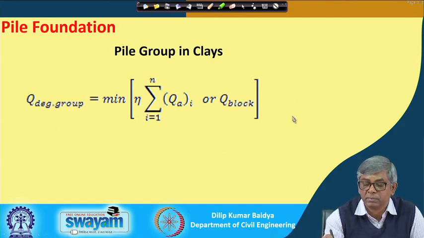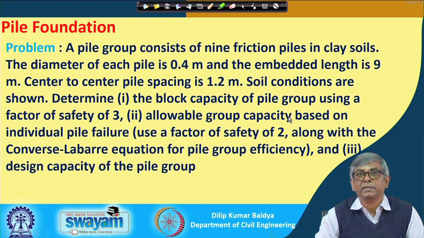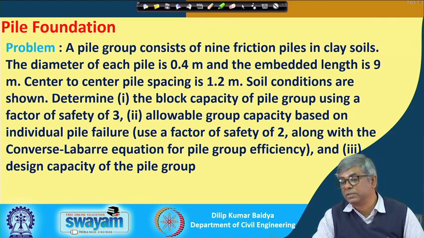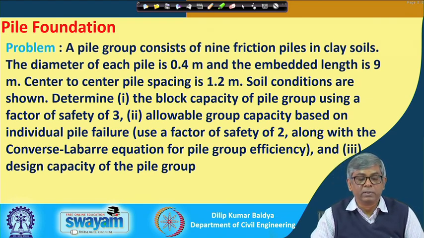Suppose the problem is given like this: a pile group consists of 9 friction piles in clay soil. The diameter of each pile is 0.4 meter and the embedded length is 9 meter, and the center to center pile spacing is 1.2 meter. Soil conditions are shown in the figure.